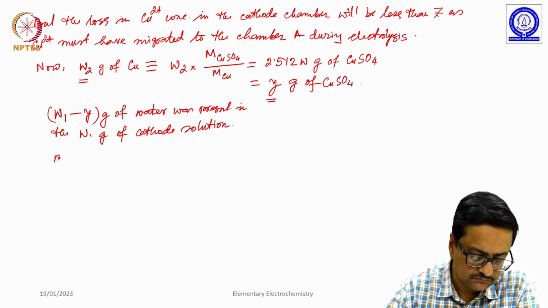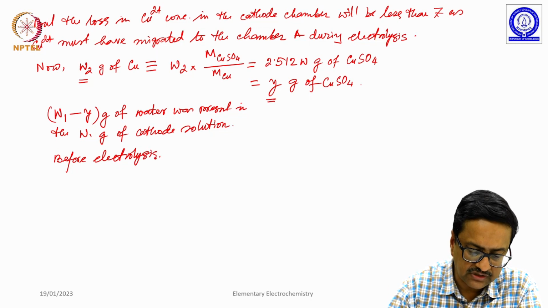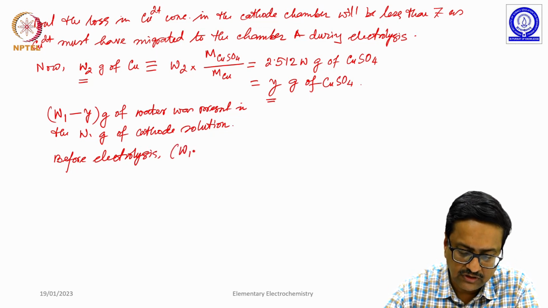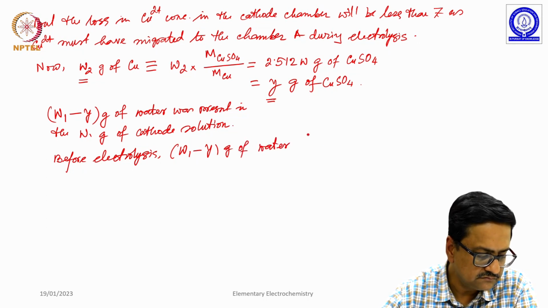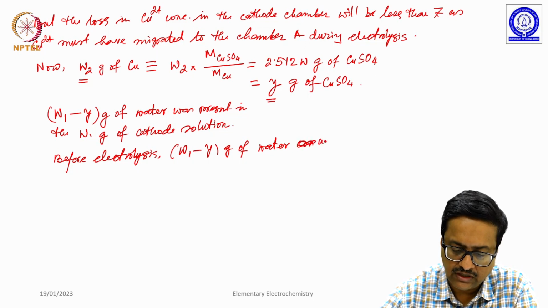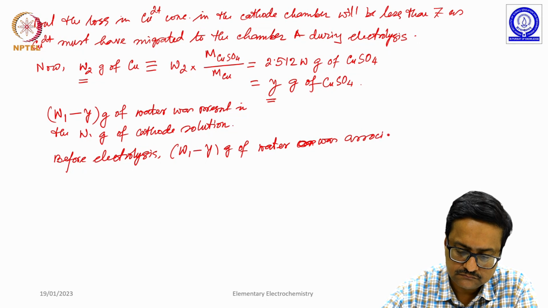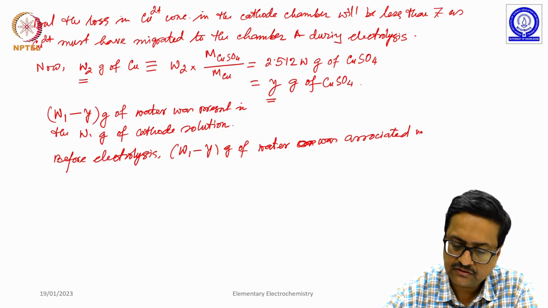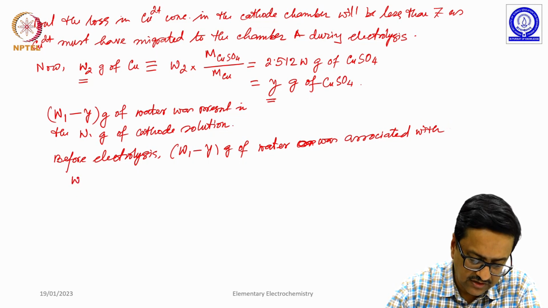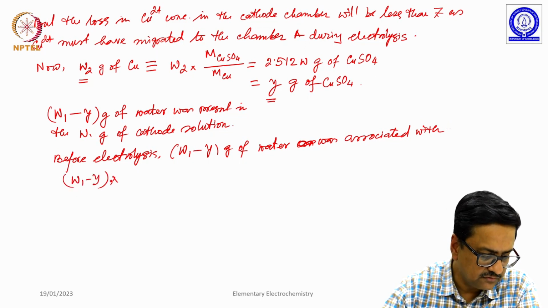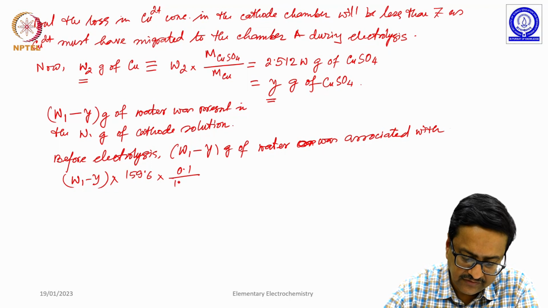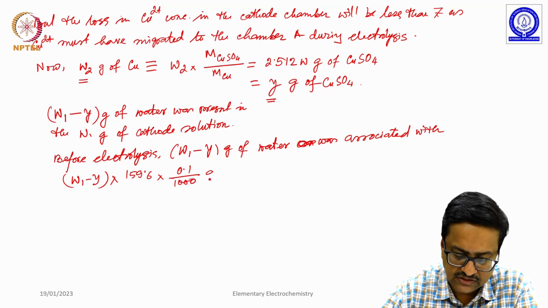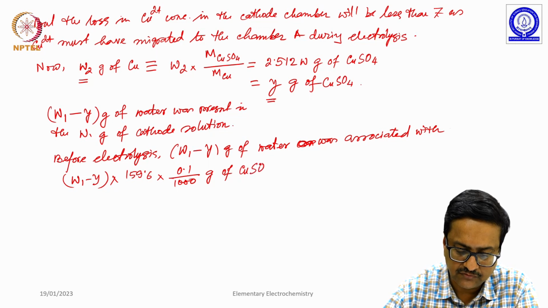Now, before electrolysis, W1 minus Y gram of water was associated with W1 minus Y into 159.6 into 0.1 by 1000 gram of CuSO4.